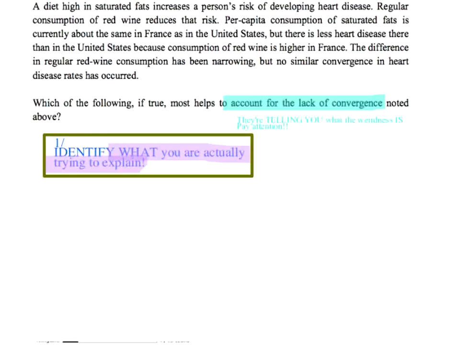So let's take a look. Who wants to try to summarize the thing we're actually trying to explain? Anybody want to take a shot at that in the text box?